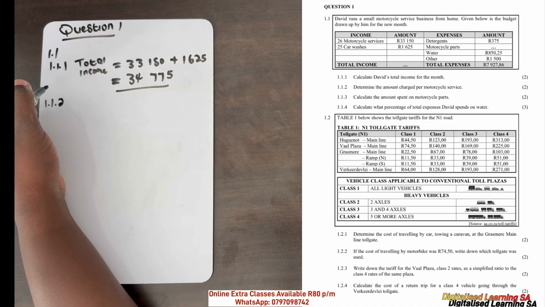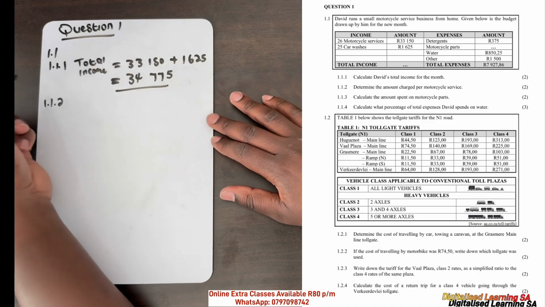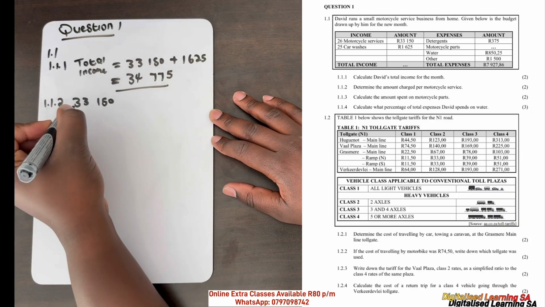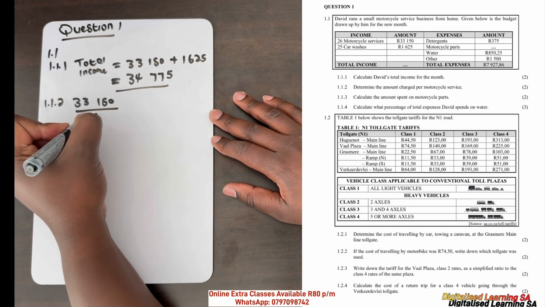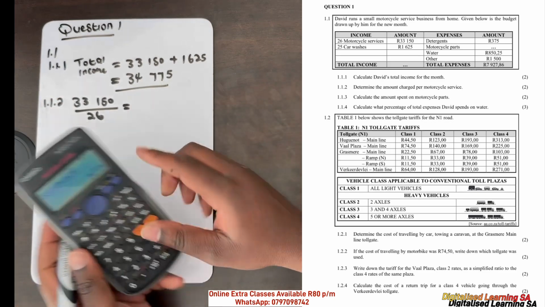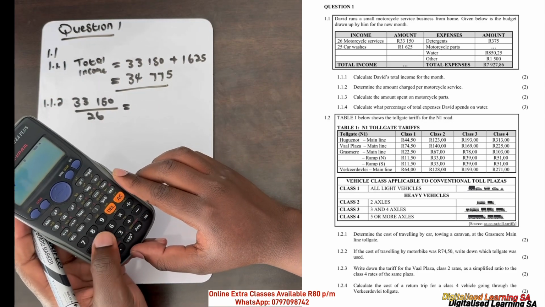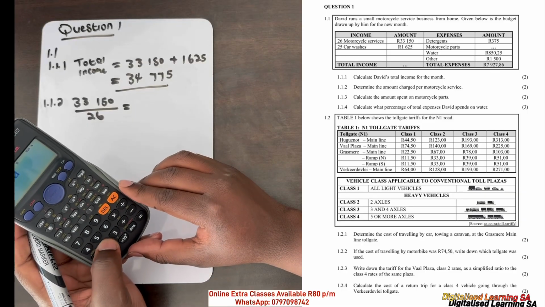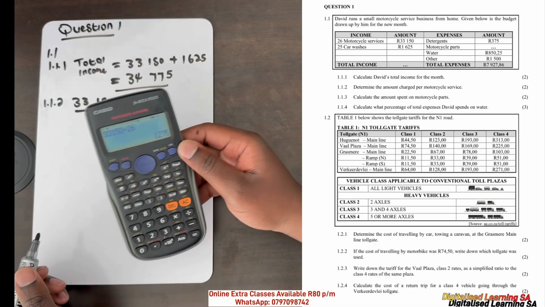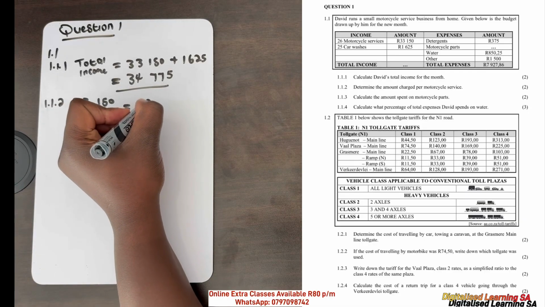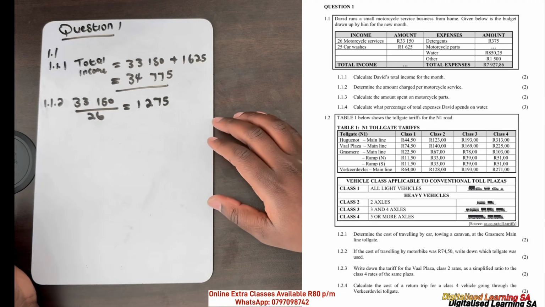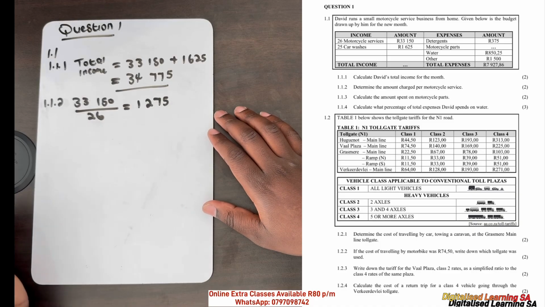To check how much one costs, we say 33,150 divided by 26, and we can see that to service one motorcycle, it costs 1,275. Now let's move to question 1.1.3.